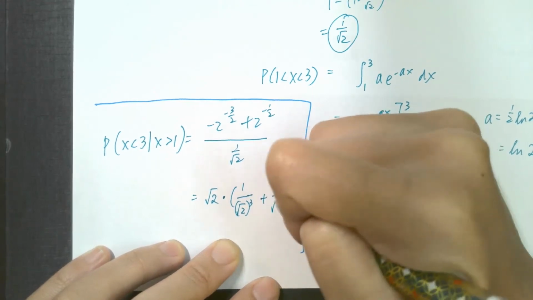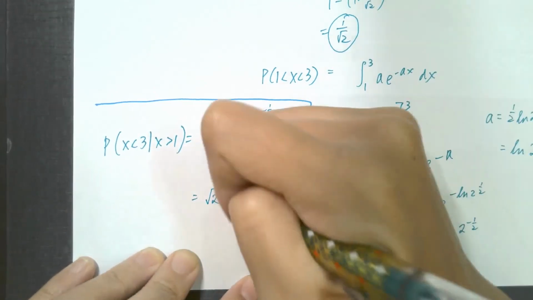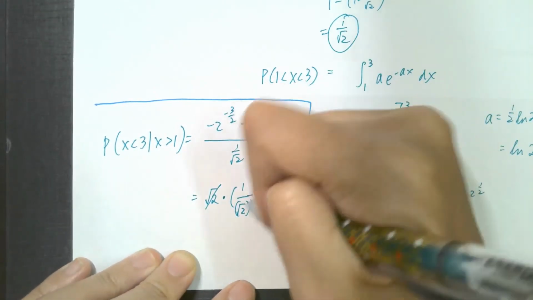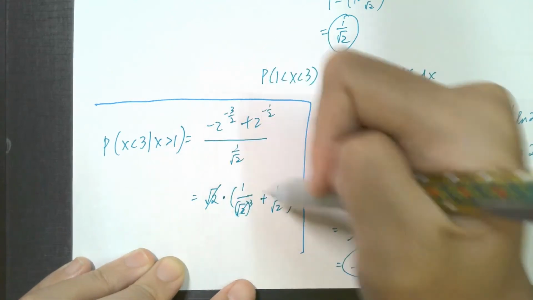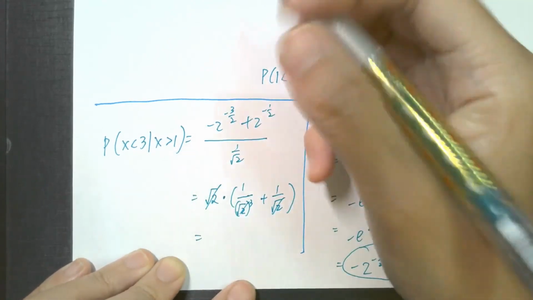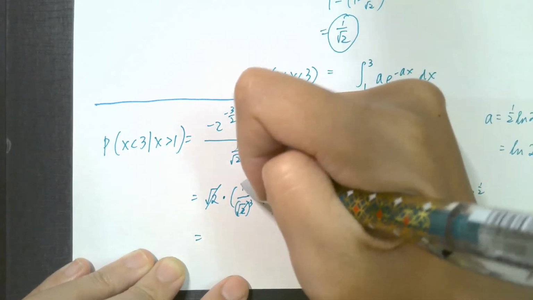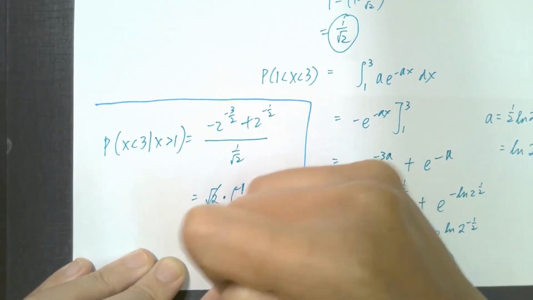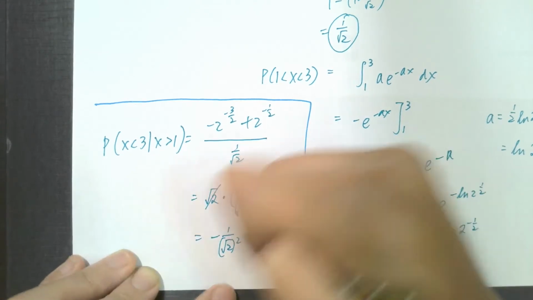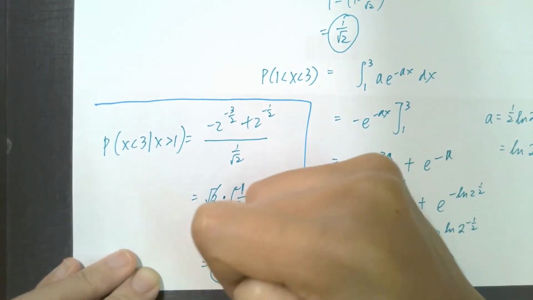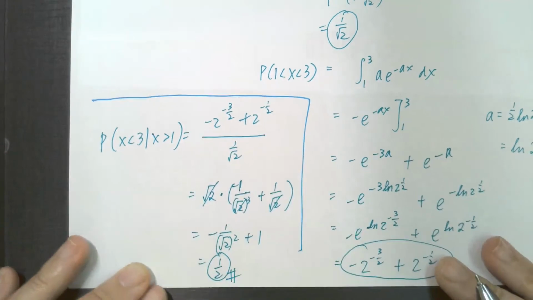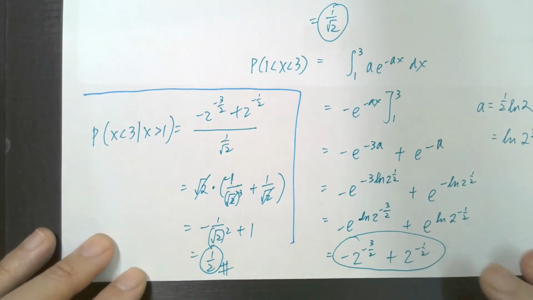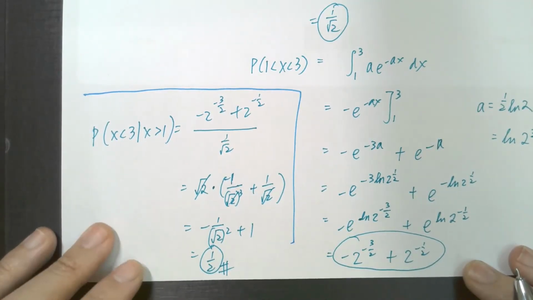So basically these cancel out, and it's going to end up being, oh, I forgot the negative over here, negative 1 over square root of 2 squared plus 1, which is just 1/2. Okay, that's it. So that's our third question.